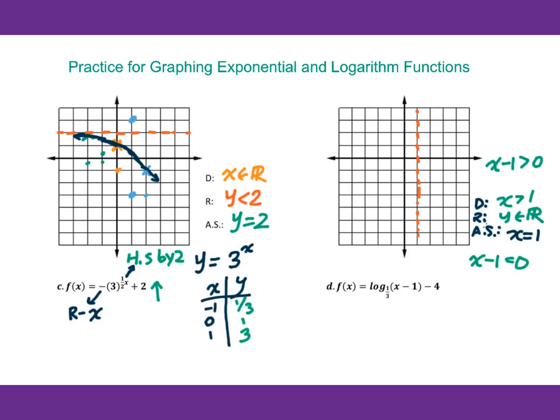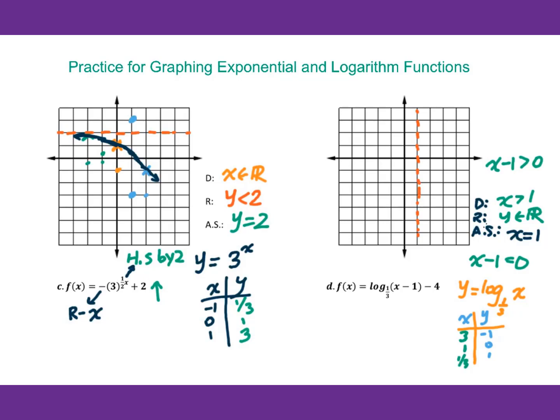We will get a parent function that is log base 1 over 3 of x. Got the table. X, y, negative 1, 0, 1. 1 over 3 to the negative first power will be 3. 1 over 3 to the 0 power is 1. 1 over 3 to the first power is 1 over 3.